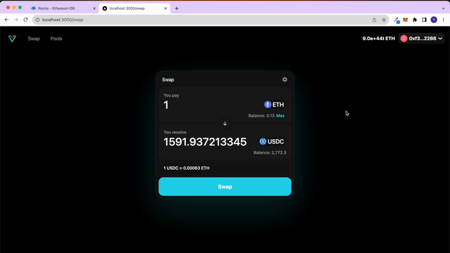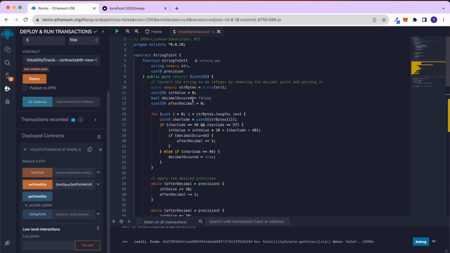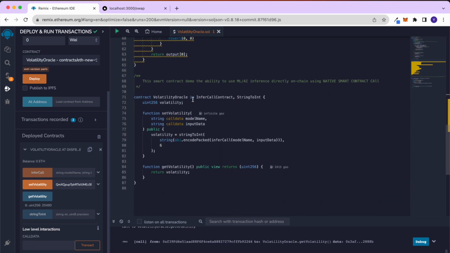It seems really simple, but under the hood there's a lot of things happening. First of all, the swapping fee that the LP receives is actually determined by a hook. So let's dive into it. Here is our volatility oracle, and it has a magic function called setVolatility, and you can specify the model name and the input data, and then you can pass this parameter to our dedicated blockchain, which is Vanna.